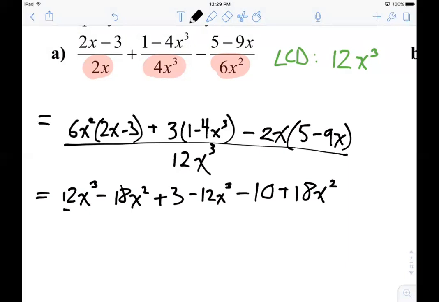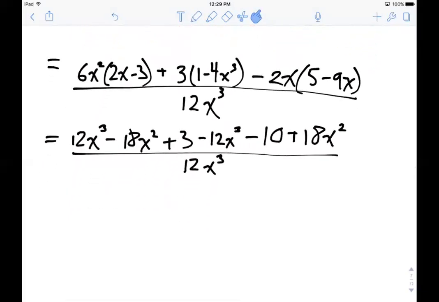And all of that is still over a single common denominator of 12x cubed. If I do a little bit of simplifying, the 12x cubeds on top completely cancel one another out, and the 18x squareds on top also do the same. So it simplifies down quite a bit to just positive 3 minus 10x on top, and on the bottom, it's 12x cubed.